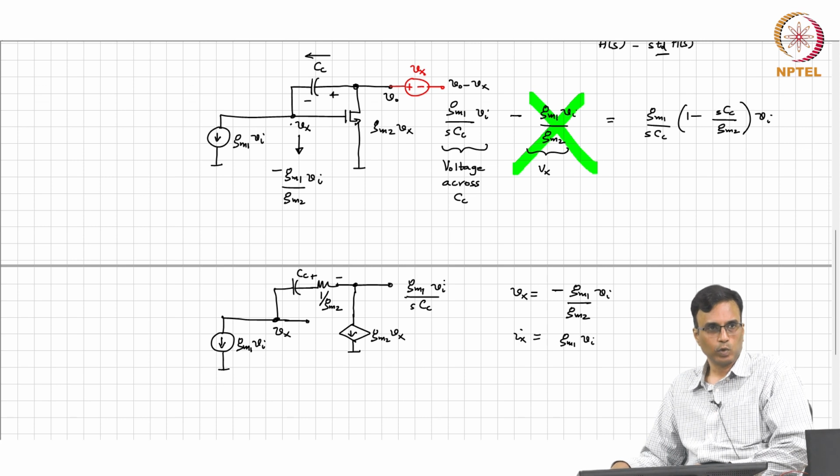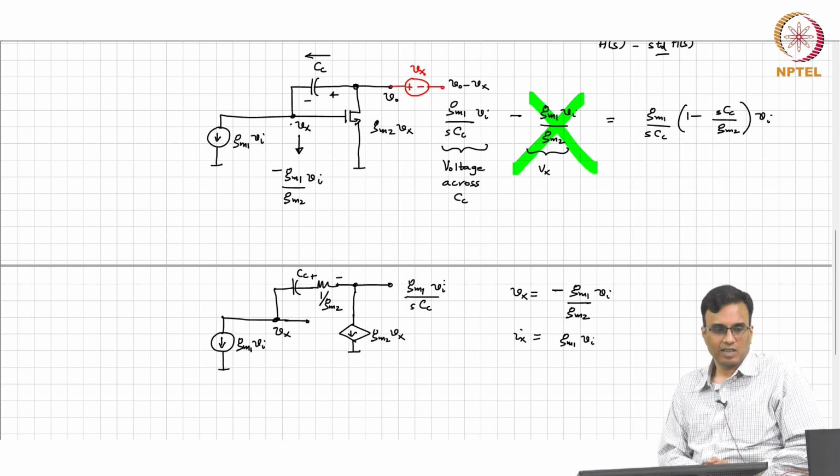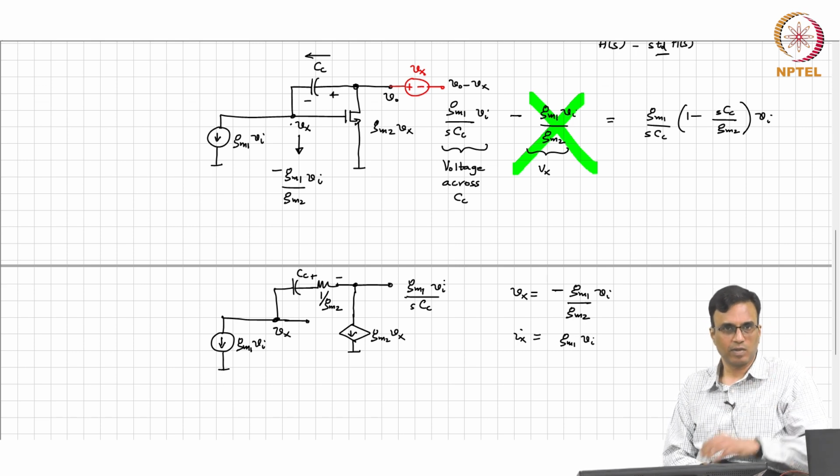But even if you do it correctly, if you subtract, what you subtract will not be exactly what you want to subtract, and consequently there will be some residual effect. So in other words, the 0 will not be perfectly cancelled, but it will go so far away that if omega z tends to infinity, or even goes up by a factor of say 100, because there is 1% mismatch between this GM2 and that 1 over GM2, we are still much better off than we were without the zero cancelling resistor, correct.